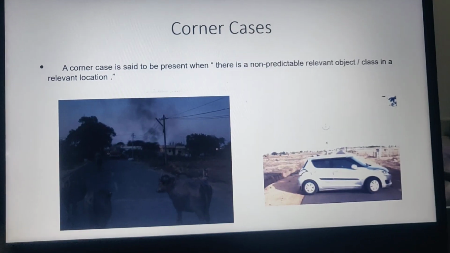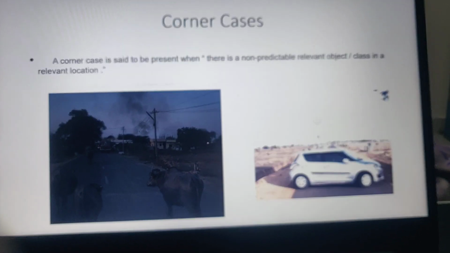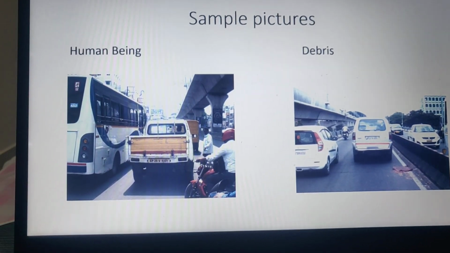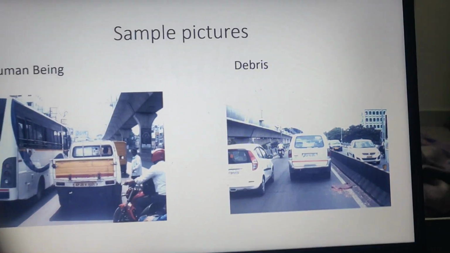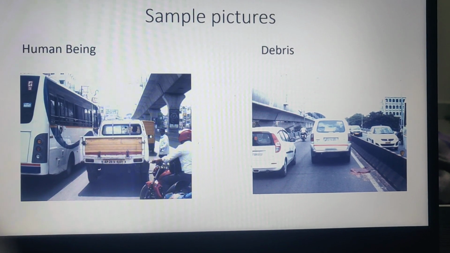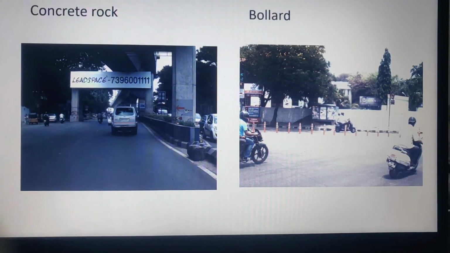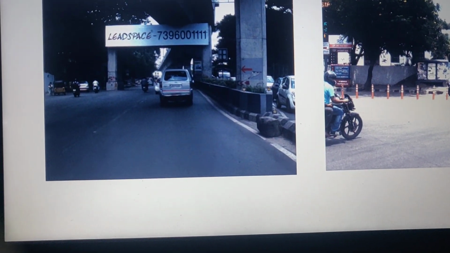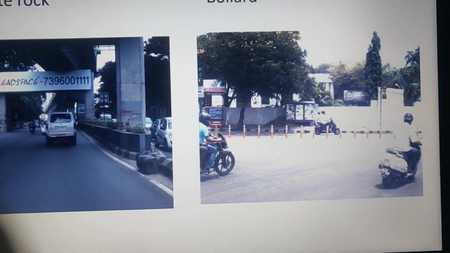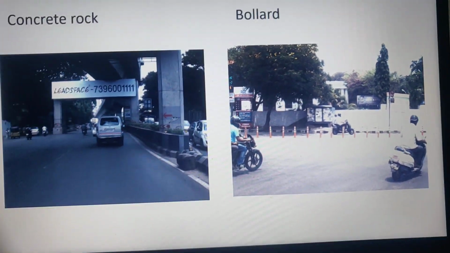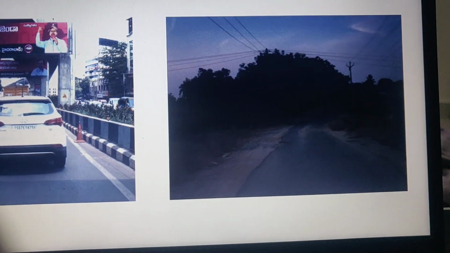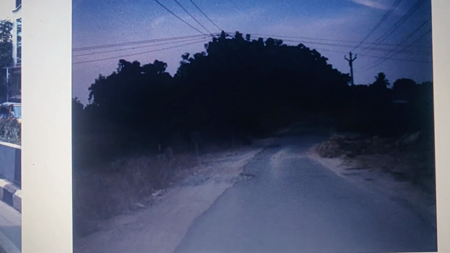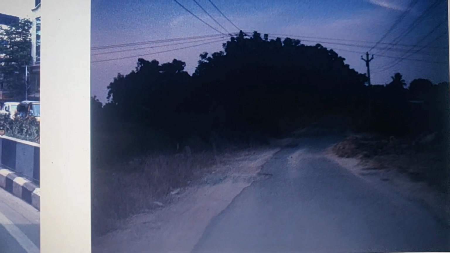So let me just show you a glimpse of the different classes that we have in this dataset. You see there is a human being in this picture, and there is debris on the road. These are the sample pictures for the classification of the pictures. And there is a concrete rock on the road. There is a line of bollards on the road, and then there is a traffic cone on the road, and then there is sand or debris, as you may call it, on the road.